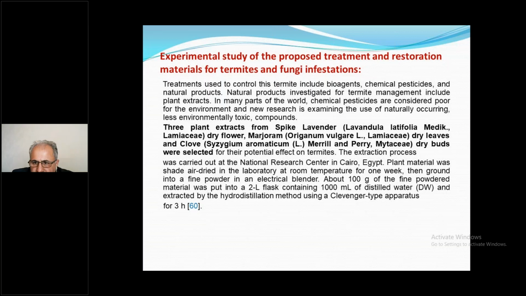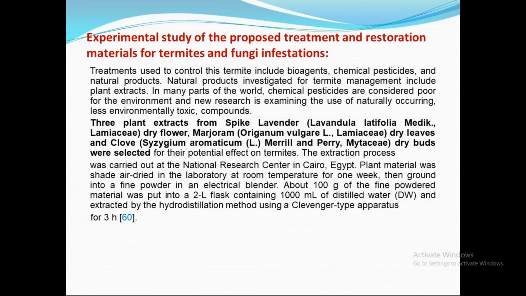Treatments used to control termites include bioagents, chemical pesticides, and natural products. Natural products investigated for termite management include plant extracts. In many parts of the world, chemical pesticides are considered poor for the environment, and new research is examining the use of naturally occurring plant extracts, less environmentally toxic.